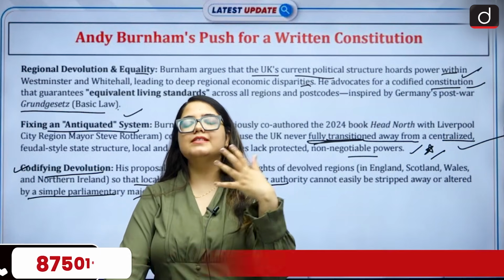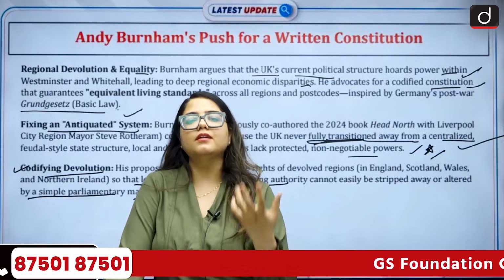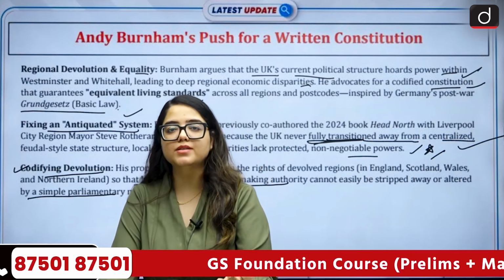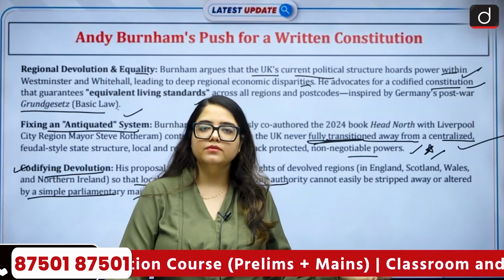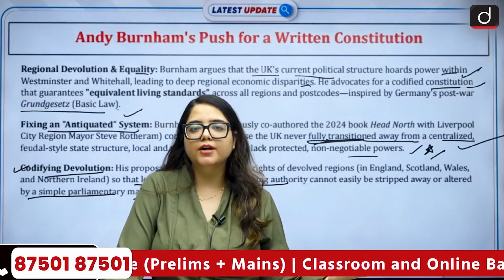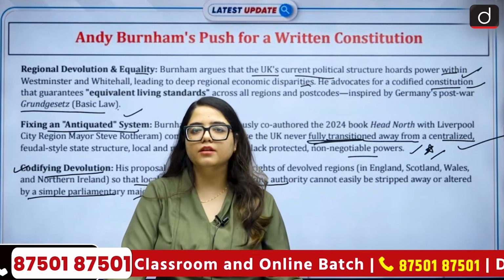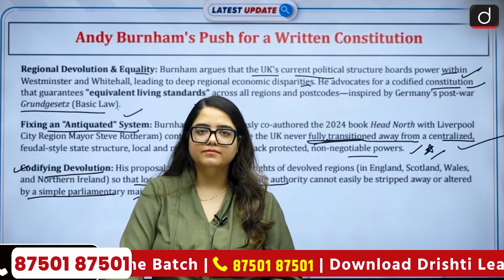That way, the locals never have stable power. They never get that control or that confidence, because the moment they start working towards something, a resolution will be passed in Westminster and everything will be dropped. So why should they work so hard? Anything and everything they do will be washed away by a simple majority, and that is not fair.